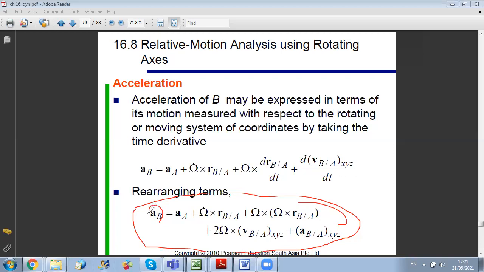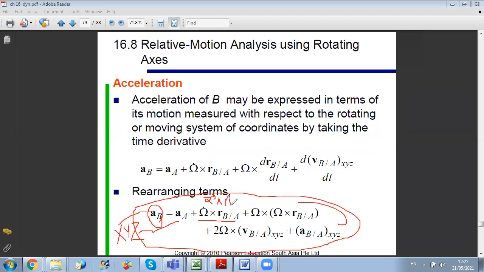The absolute acceleration of B, measured with respect to the big frame XYZ, meaning absolute. So the absolute acceleration of B is equal to the absolute acceleration of A measured in big X big Y big Z, plus this term, alpha factorial AB, which we already saw before with the translating frame.